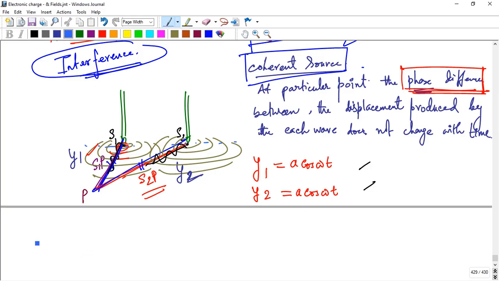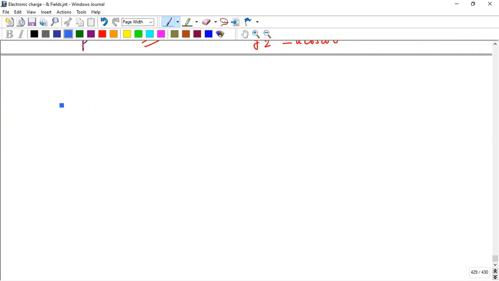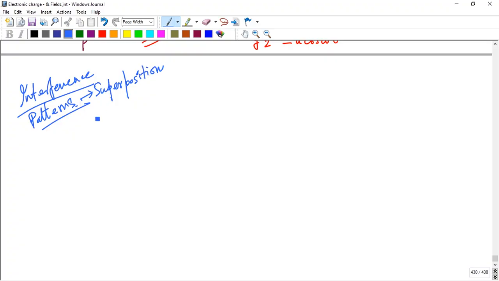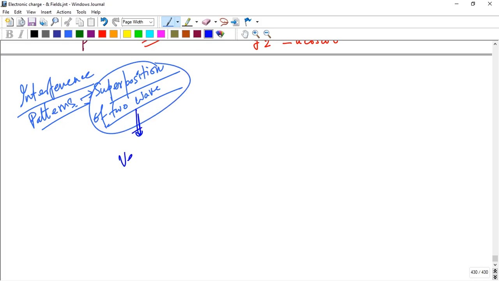So their interference pattern. Actually we get a superposition of two waves, or more than two waves, meaning vectorially or algebraically added.